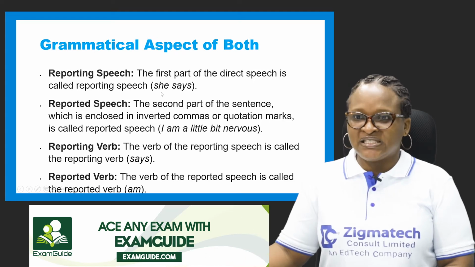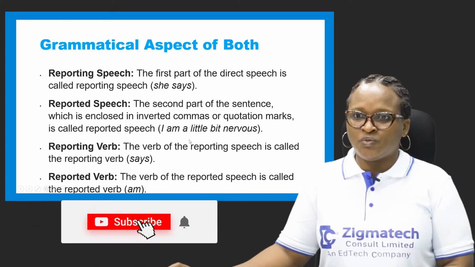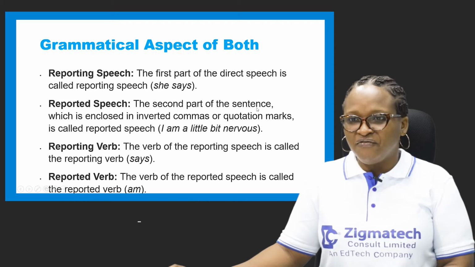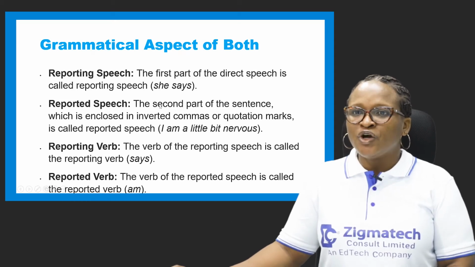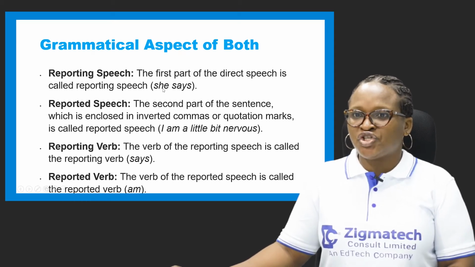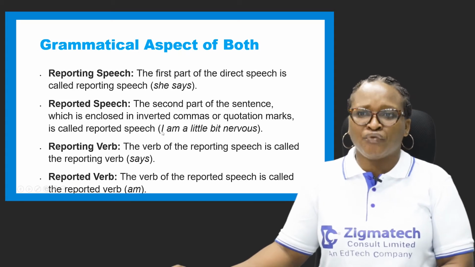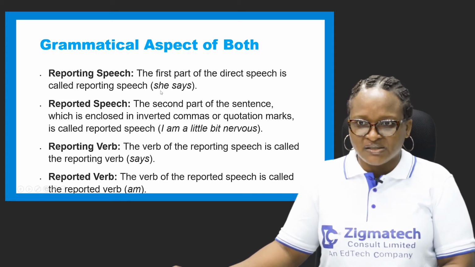If I had he says, when changing to indirect speech, it becomes he says he is a bit nervous. So when your subject is she, when you're changing to indirect speech, change your first person pronoun to the subject.